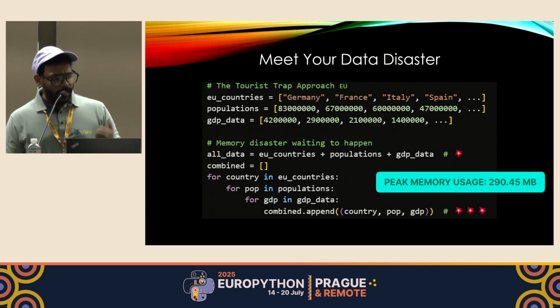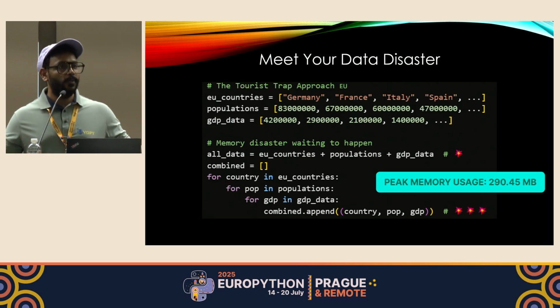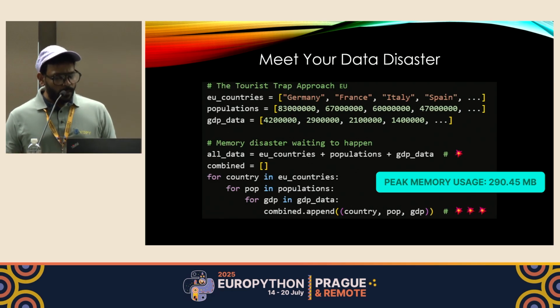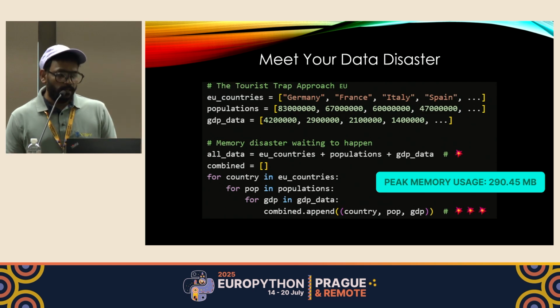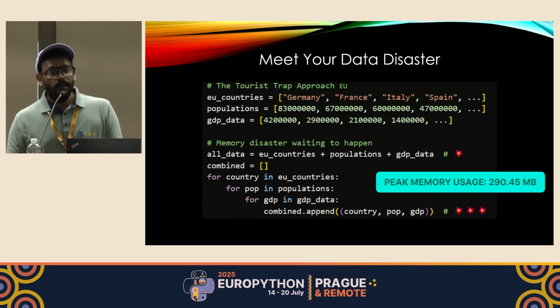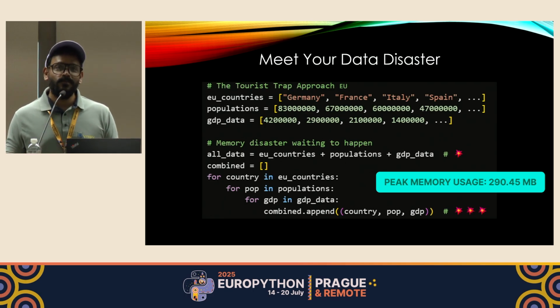And if you look at the command combine.append, because combine is the list where we store the data, this command will be a monster here. It tries to store all these 10 million entries into memory. That's huge. For the three-list sample data, it's consuming 290.45 MB. Now imagine if we do this for 10,000 million entries, how much memory it would take. I leave it to your imagination.